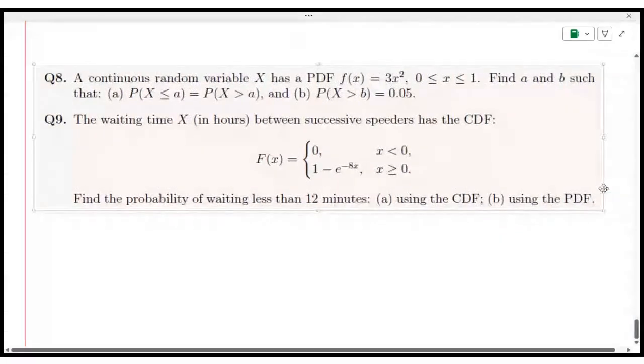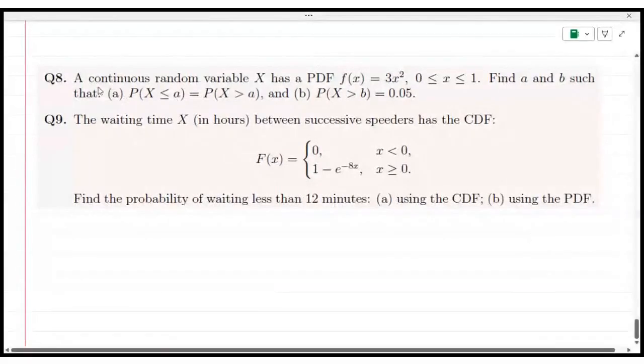Student, first we will do the first question, then we will do the second question. The first question is saying, a continuous random variable x has the probability density function, PDF, f of x given, where x is between 0 and 1.